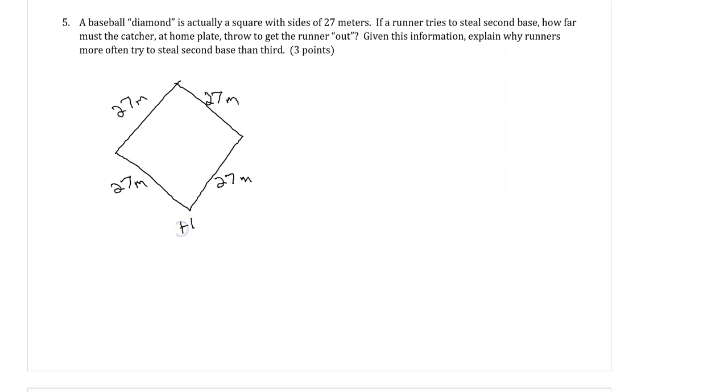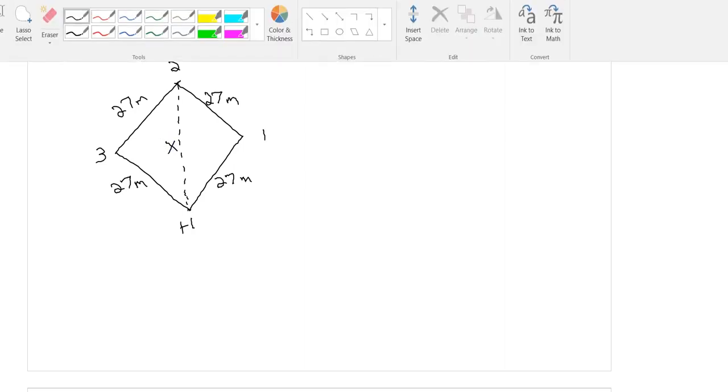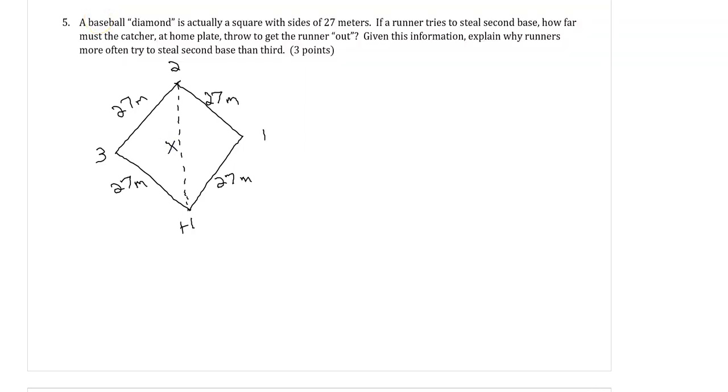So I have home, first, second, third. So if I'm the catcher at home and a runner steals second, I have to throw that distance. Okay. So that's my X. Now, again, we're always looking for our right triangle. This told me it's a square, so this is actually a right angle.